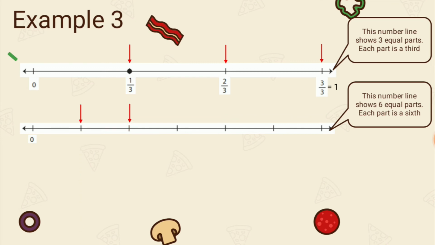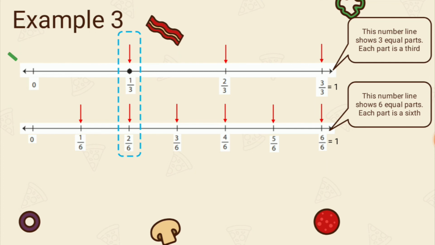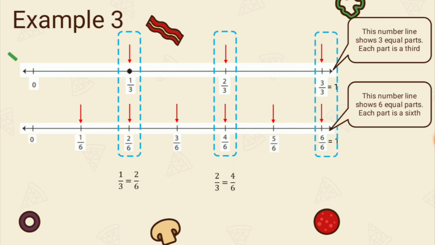First, second, third, fourth, fifth, and sixth. 1/6, 2/6, 3/6, 4/6, 5/6, and 6/6 equals 1 whole. 1/3 and 2/6 are equivalent. 2/3 and 4/6 are equivalent. 3/3 and 6/6 are equivalent.